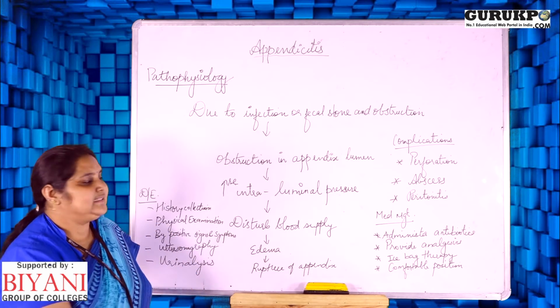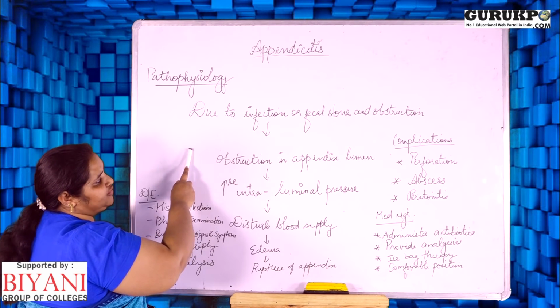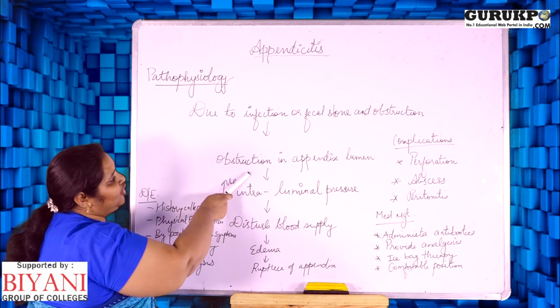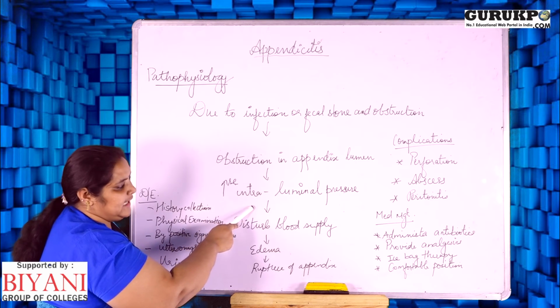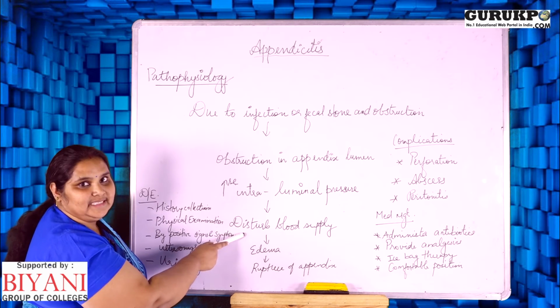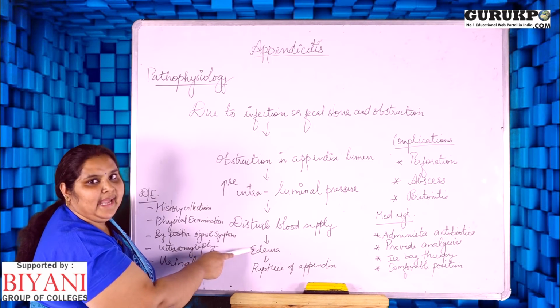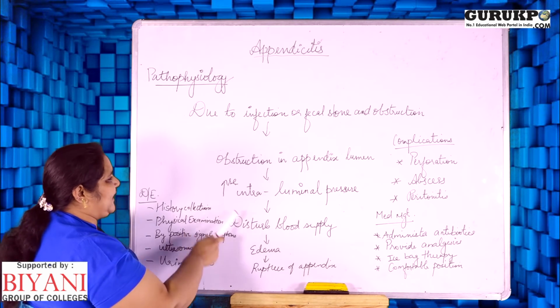Because of the edema, it will rupture. So infection, fecal stone and obstruction lead to obstruction in the appendix lumen, which increases the intraluminal pressure, which leads to disturbed blood supply and edema, and can cause rupture of the appendix. So this was the pathophysiology.